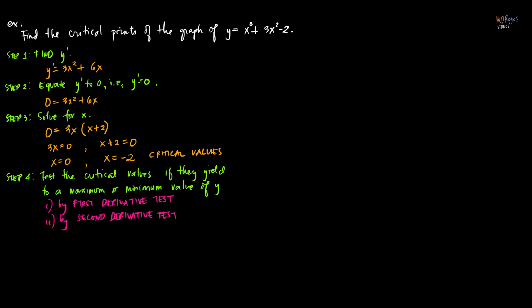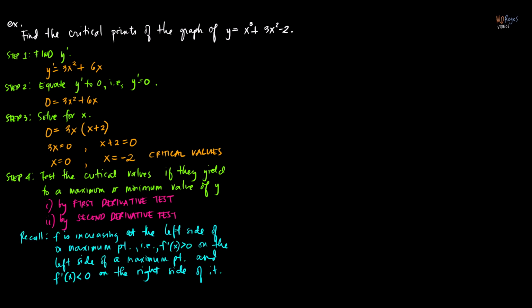So let's test the critical values by the first derivative. Now, recall in the first slide that f is increasing at the left side of a maximum point. So that is, f prime of x is greater than 0 on the left side of a maximum point, and f prime of x is less than 0 on the right side of it.